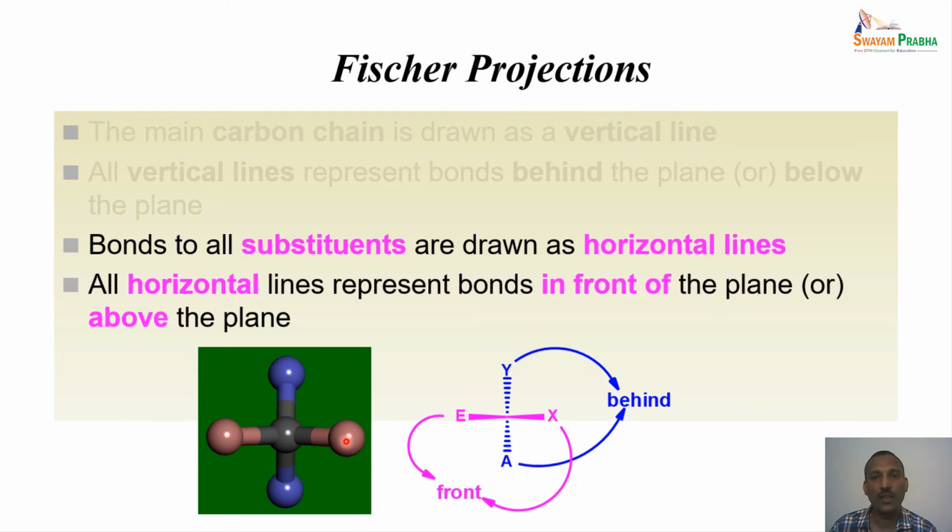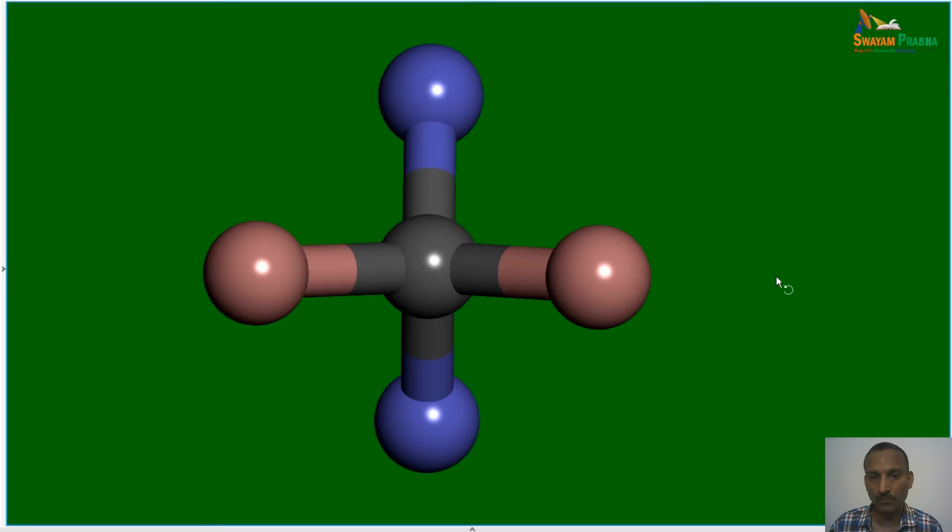This is how Fischer projections are written. Now we will see the three-dimensional representation for this molecule to see how it is actually done. So this is the three-dimensional representation which we were discussing right now.